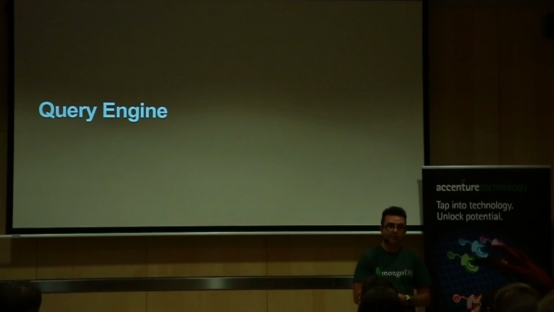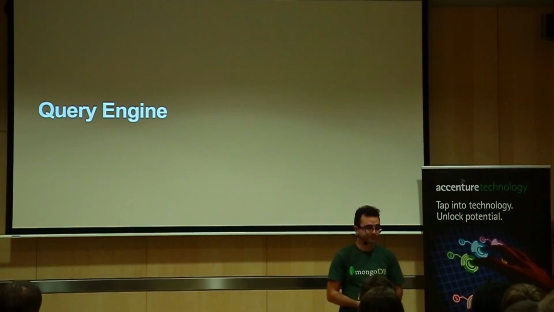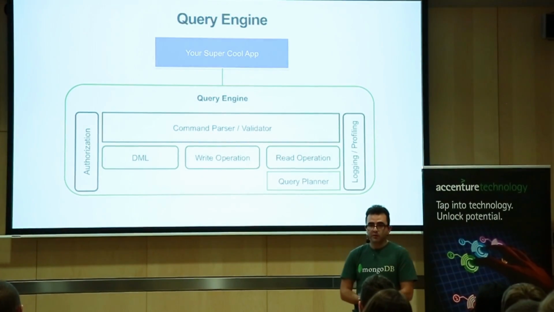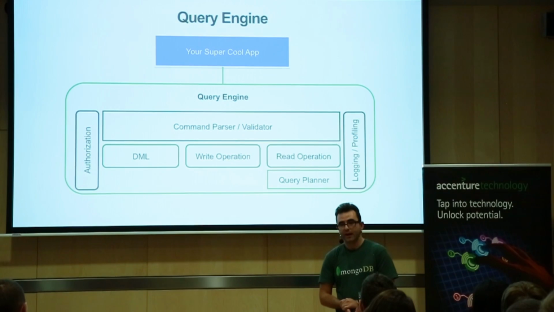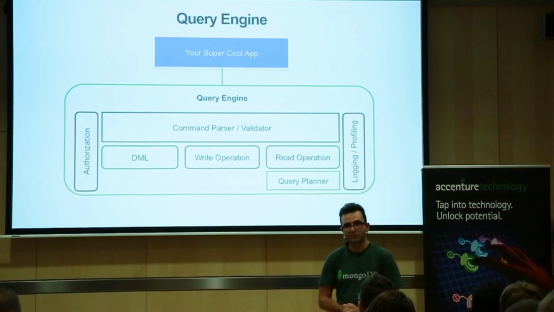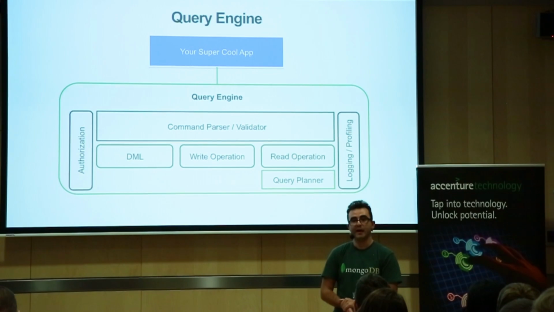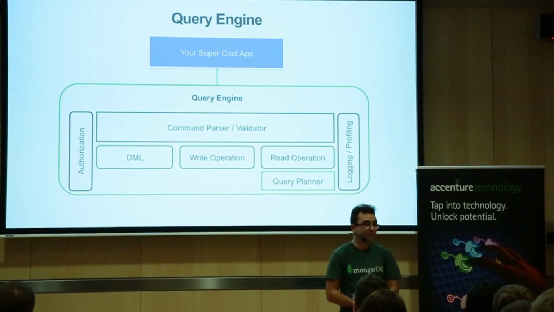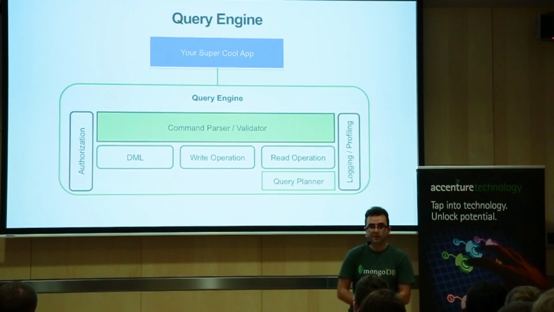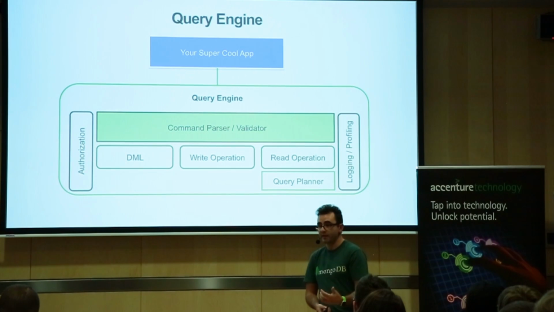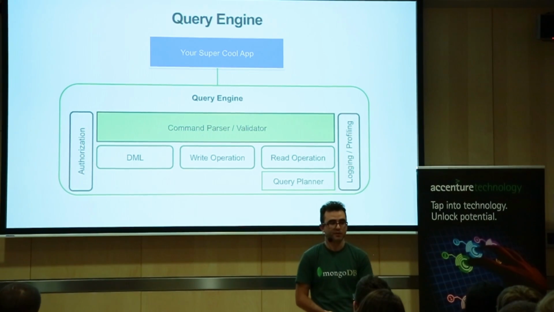All right, so how does the query engine actually work? You might have this diagram in mind. So I have my super cool application in blue, and I'm going to send some data to MongoDB and see what happens. Well, the first thing it's going to be doing is making sure that what it's receiving is a valid BSON structure.